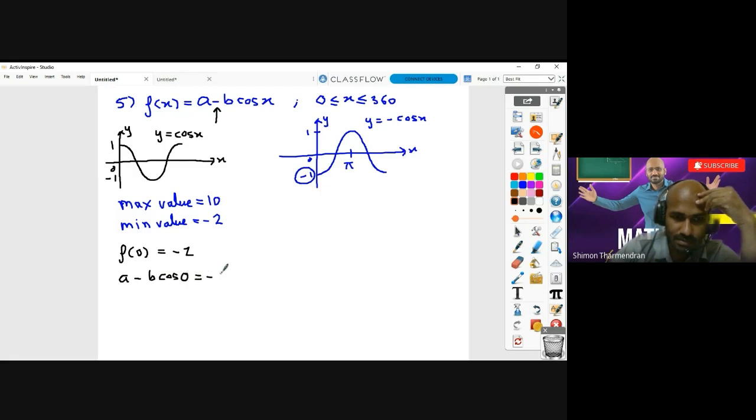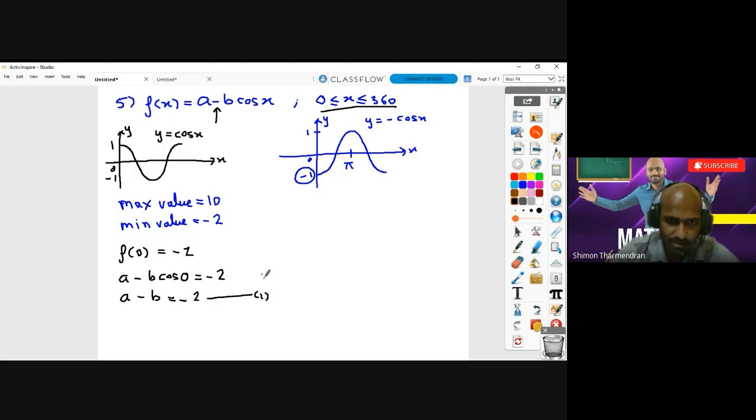And the minimum value is -2 over here. Cos 0 is 1. If you press calculator, this must be in degrees. Ini domain dari dalam degree. So press calculator in degrees, cos 0 is 1. So a minus b is -2. We got persamaan nombor 1.